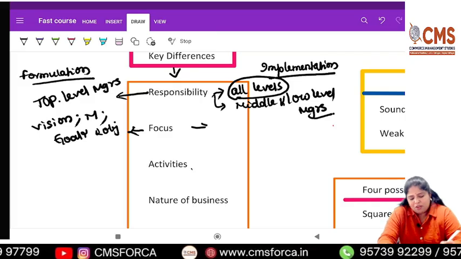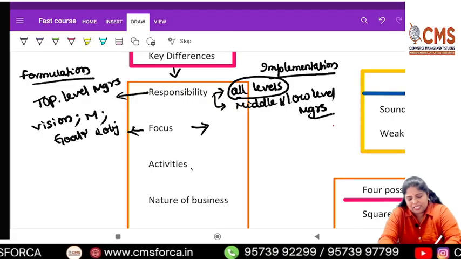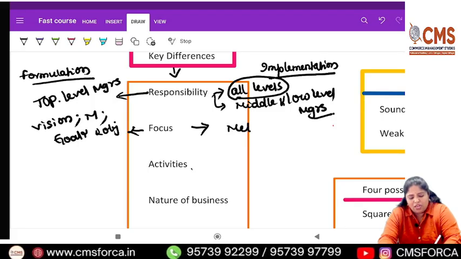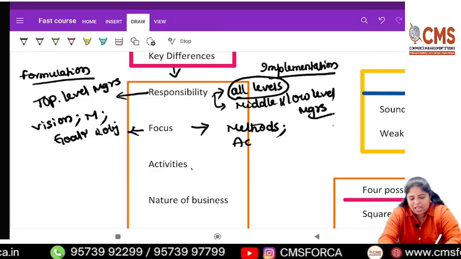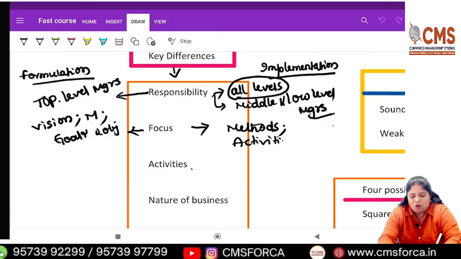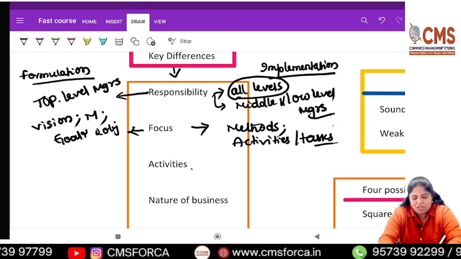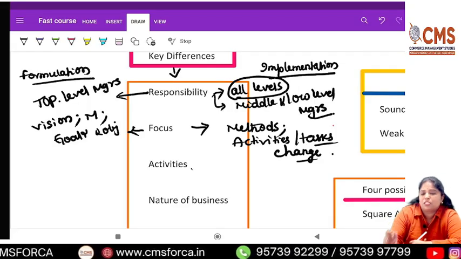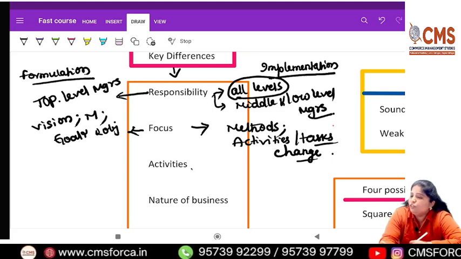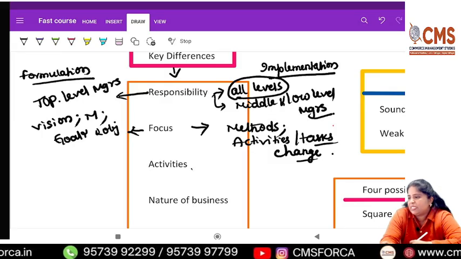Whereas implementation focuses on what methods we can use, what activities or tasks should be taken up, and what change would make your implementation successful. So what methods to use, what tasks to fulfill, and what change would be necessary.